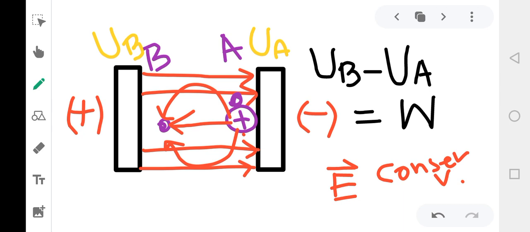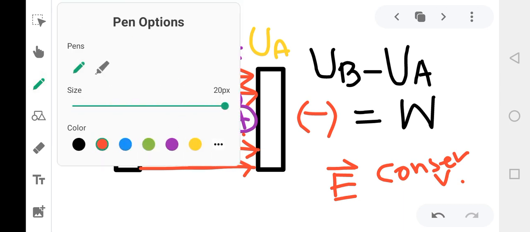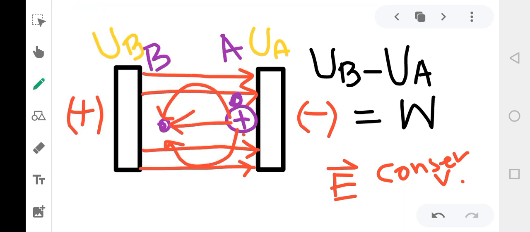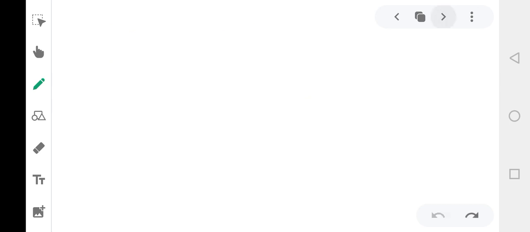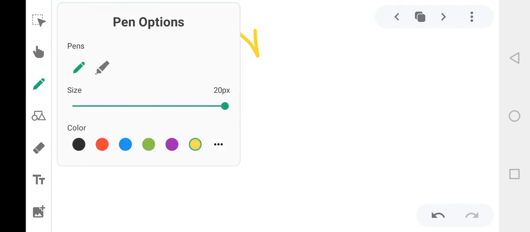Remember one very important thing: for a conservative field, the work done is always equal to the negative, so the work done here will be negative W. Now, if I move my charge to point B from point A, the electric potential difference will be equal to the work done, and because it is a conservative field, we put a negative sign here.